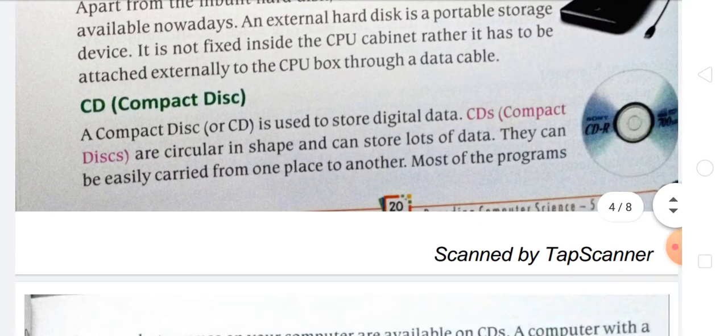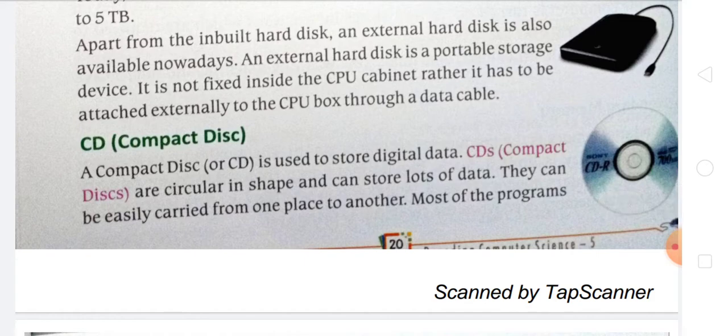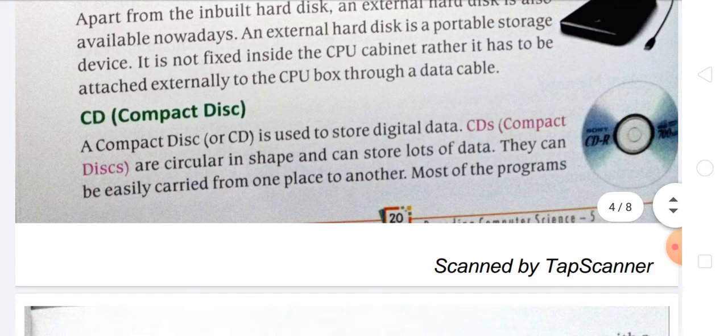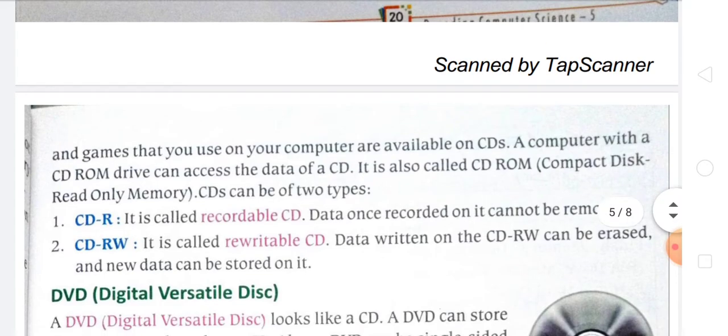Then after that, CD, whose full form is compact disc. A compact disc is used to store digital data. CDs are circular in shape and can store loads of data. They can be easily carried from one place to another, and most of the programs and games that you can use in your computer are available on CDs.